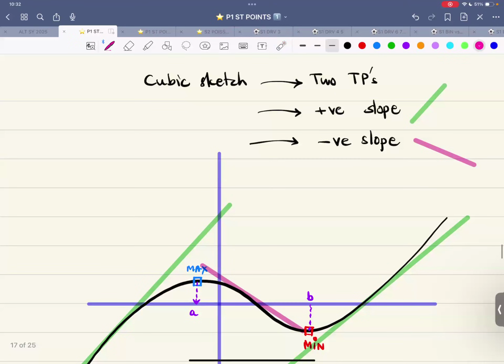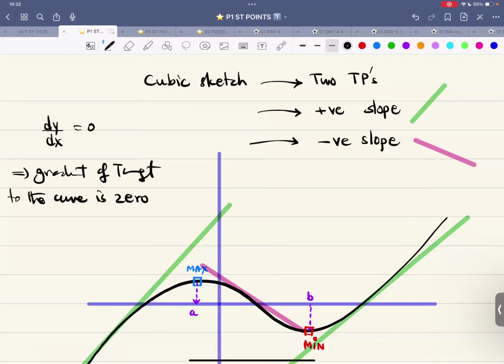If I have not mentioned this earlier, let me mention it now. When we say dy by dx is 0, because dy by dx is the gradient of the tangent to the curve, it is 0. I mean, we are so much involved with dy by dx that we forget to mention this. Gradient of tangent to the curve is 0.